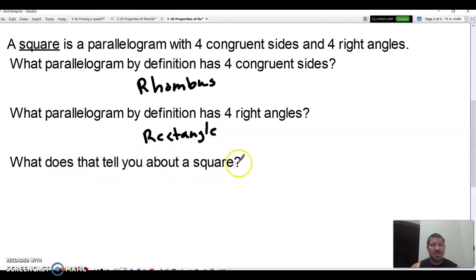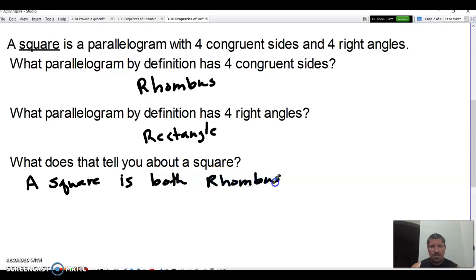And so what does that tell you about a square? Well, that tells us that a square is both a rhombus and a rectangle. Basically, a square is the combination of a rhombus and a rectangle.